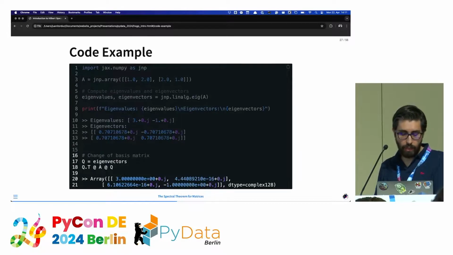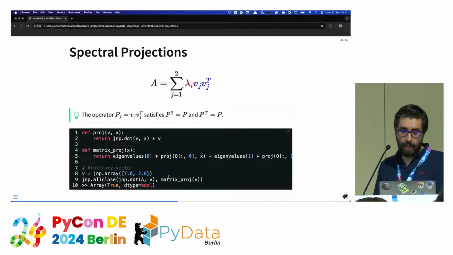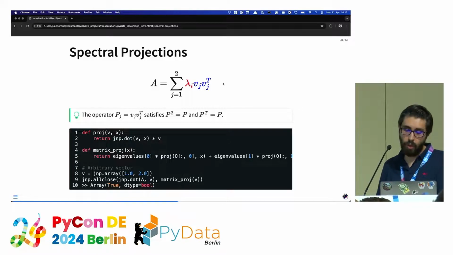And if you do the change of basis, you actually get a diagonal matrix, which is super nice. And one interesting thing here is that you can write your operator as a sum of the eigenvalues times the inner product with v, which, if you apply it to a vector, will give you a scalar, and then multiply it with the vector again.